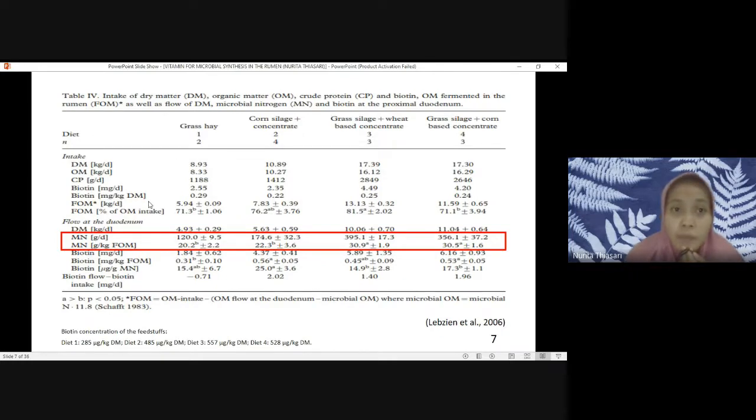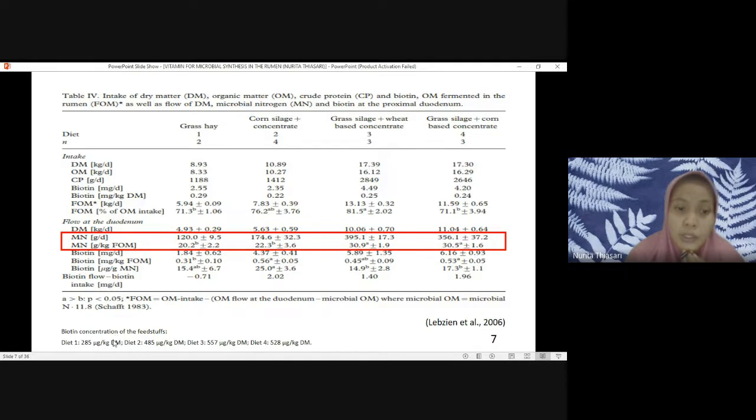And then I move to more specific B vitamin in here is the biotin. I would like to show the different concentration of the biotin. So from diet 1, 2, 3, 4, I mentioned the biotin concentration below.